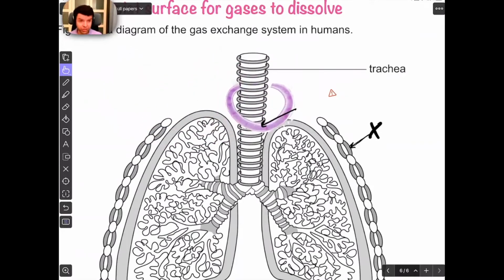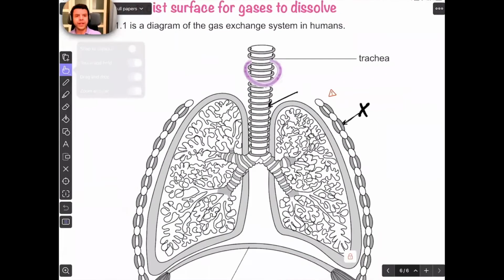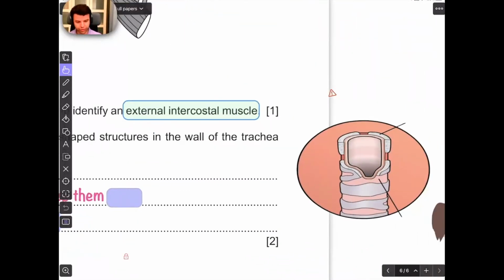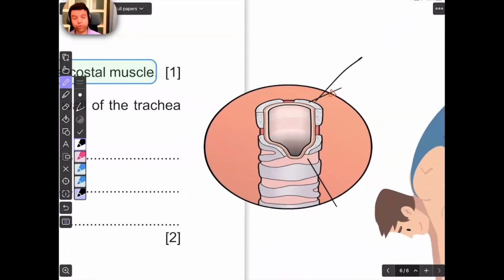And those are essential. Do you know why it is important to have them here? They're important for two things. They provide support, so that allows the trachea to stay open. But cartilage is not hard like bone. Cartilage feels like the tip of your nose or your ear flaps.